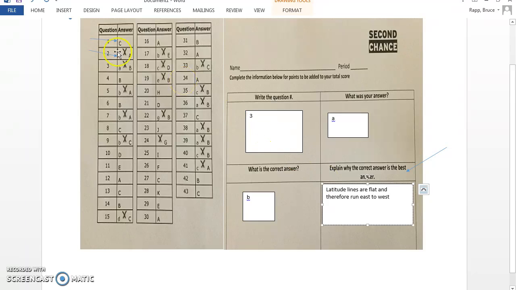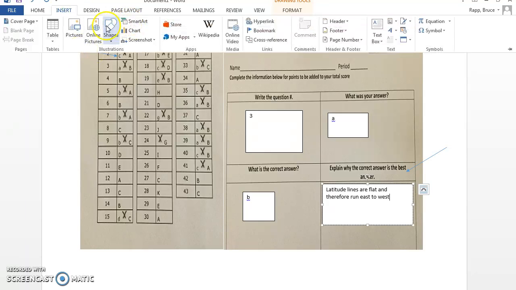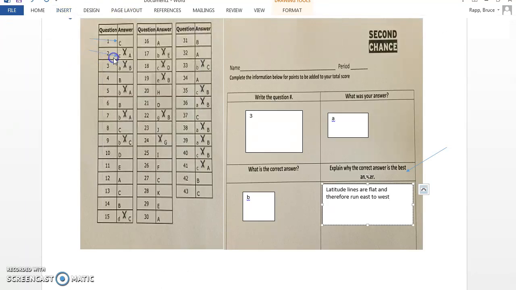And here I'm going to draw a quick diagram for you as well, just because it's going to help, again, drive home the idea of what is the correct answer. All right, so if I look at a latitude line, lat is to flat, that is my flat line. All right, and so that's going to help me remember that the latitude is flatitude, and they run from east to west, all right, as opposed to the lines of meridian that are going to run from north to south.